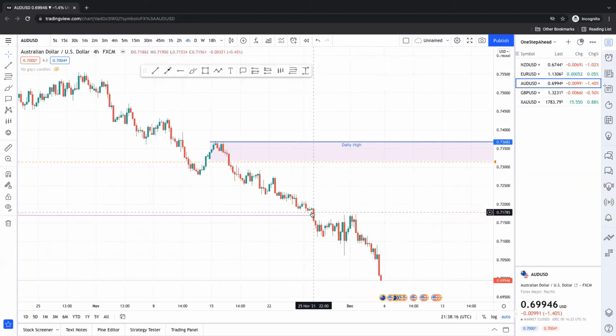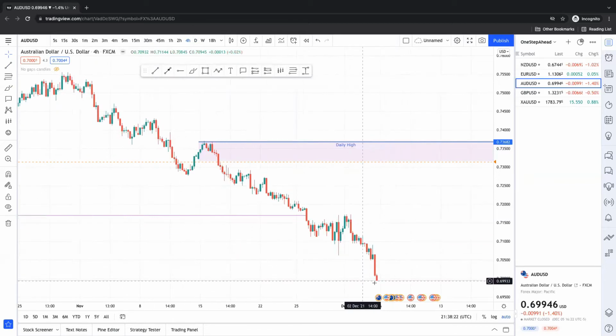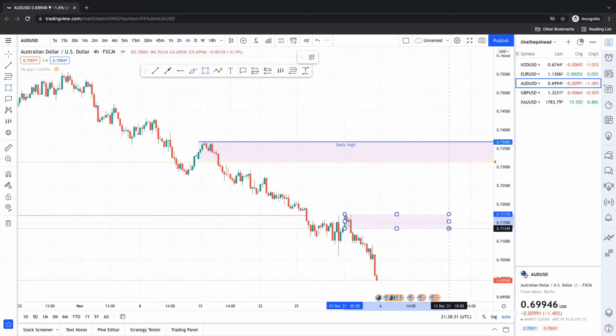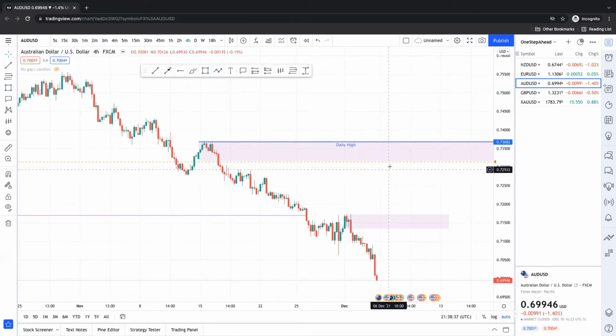I think it reacted from this price inefficiency, and this is what we have, the order block here on the 4 hour with the clear-cut imbalance and the liquidity. So it will be interesting to see if price comes back here, you can go for the short, right?